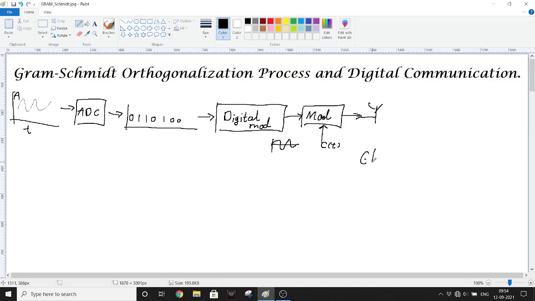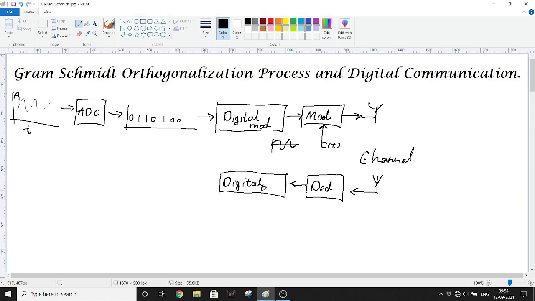The same thing passes through the channel and we receive it back, and again we bring it down to the normal frequency using a demodulator or demixer, and then digital demodulation, which gives rise to a train of bits, which is b dash.